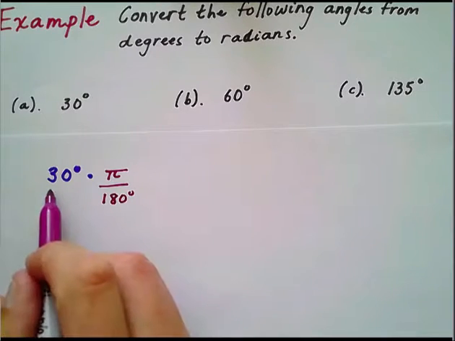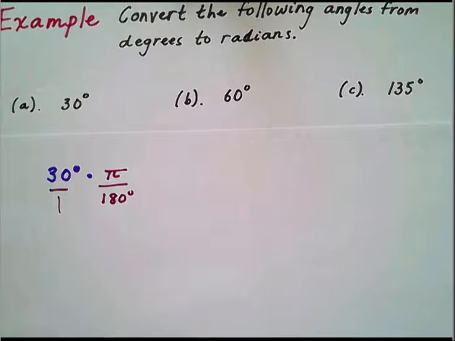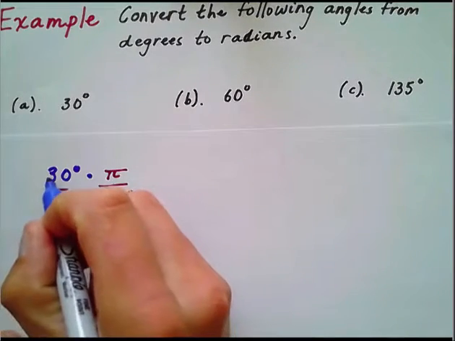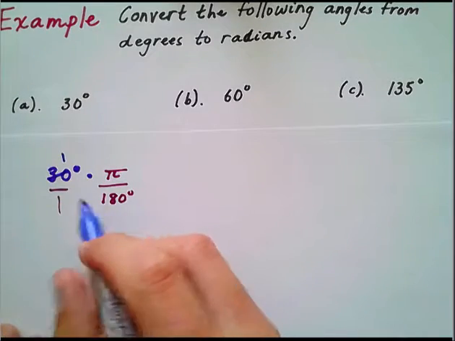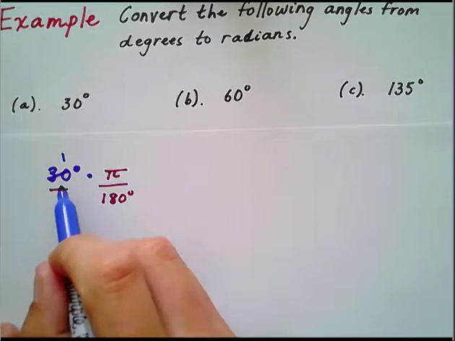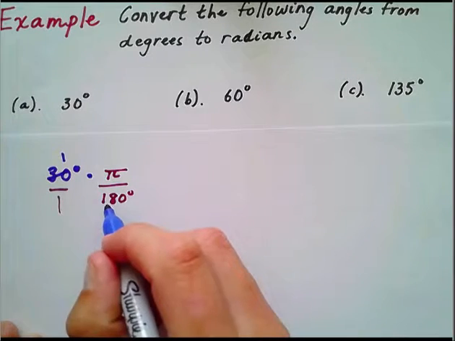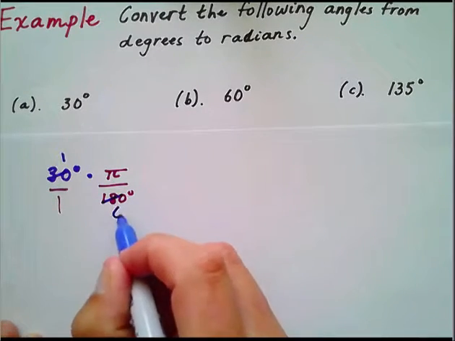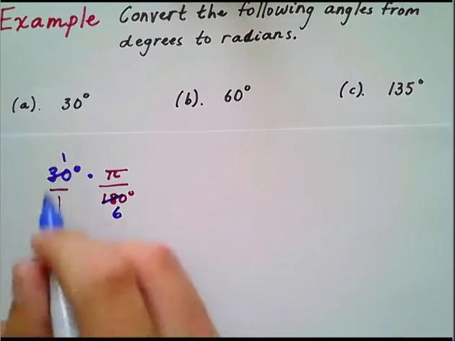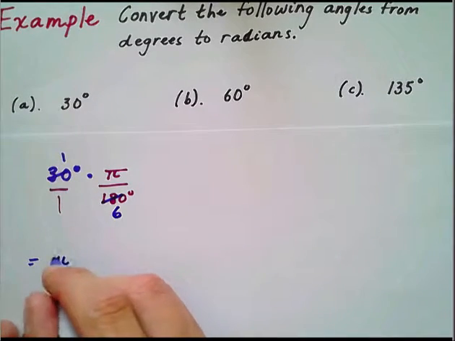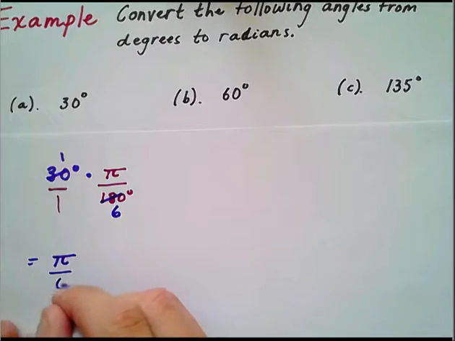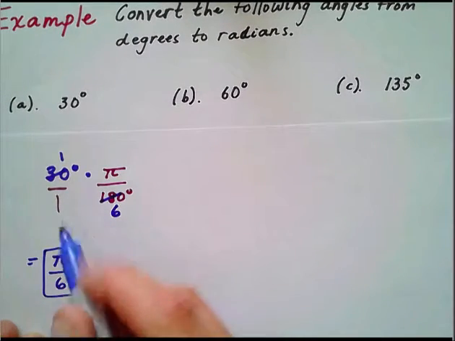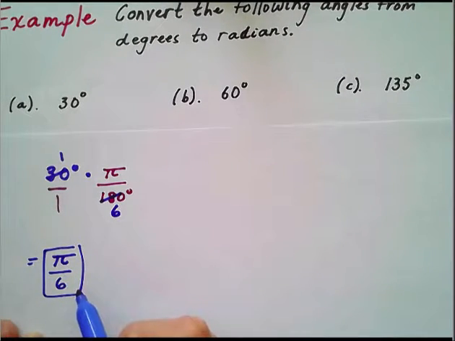Now it just becomes a matter of simplification. 30 goes into itself once, 30 goes into 180 six times, so I simplify, and I have 1 times pi, which is pi, over 6. So in radians, 30 degrees is equivalent to pi over 6.